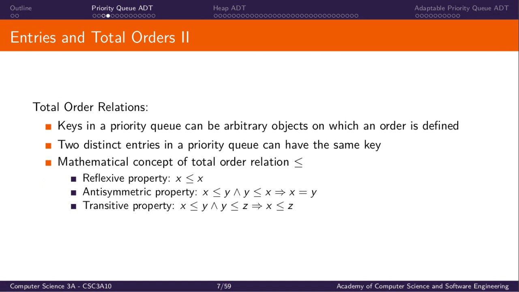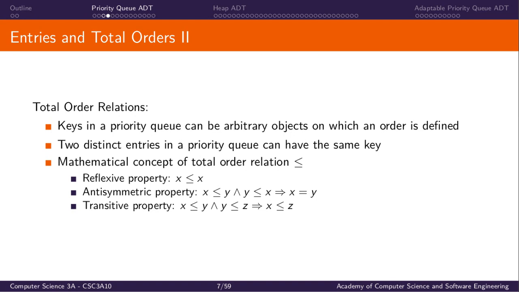Right, so this is the first really big new idea, although we have been using it without quite realizing. To be able to put things in order, we must be able to compare them. You must be able to say, given two keys, is one key greater than the other, or less than the other, or equal to the other?